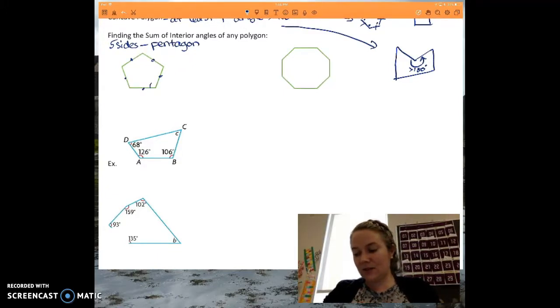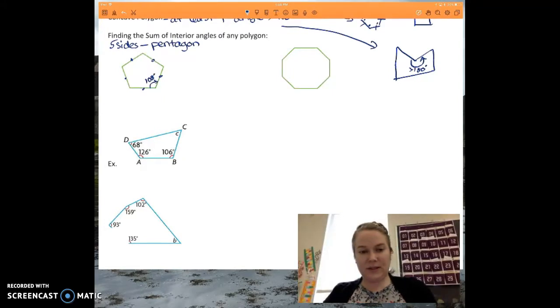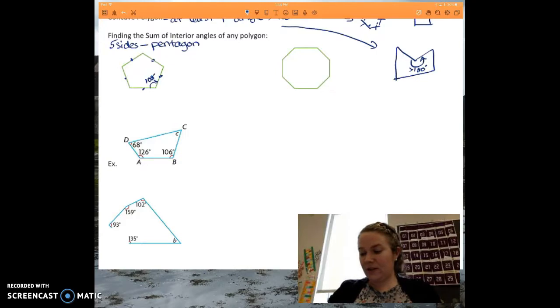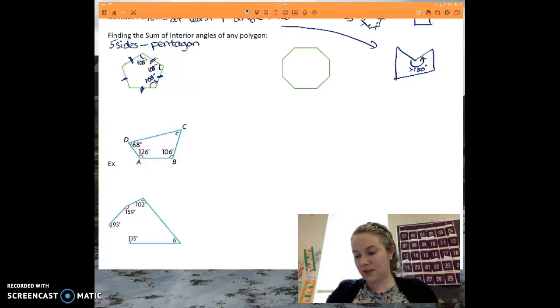So I'm going to tell you that this angle is 108 degrees. It's a regular pentagon. All the angles are the same. So if, okay, regular pentagon, if that's 108 degrees, then this is 108 degrees. This one's 108 degrees. This one's 108 degrees. This one is 108 degrees.